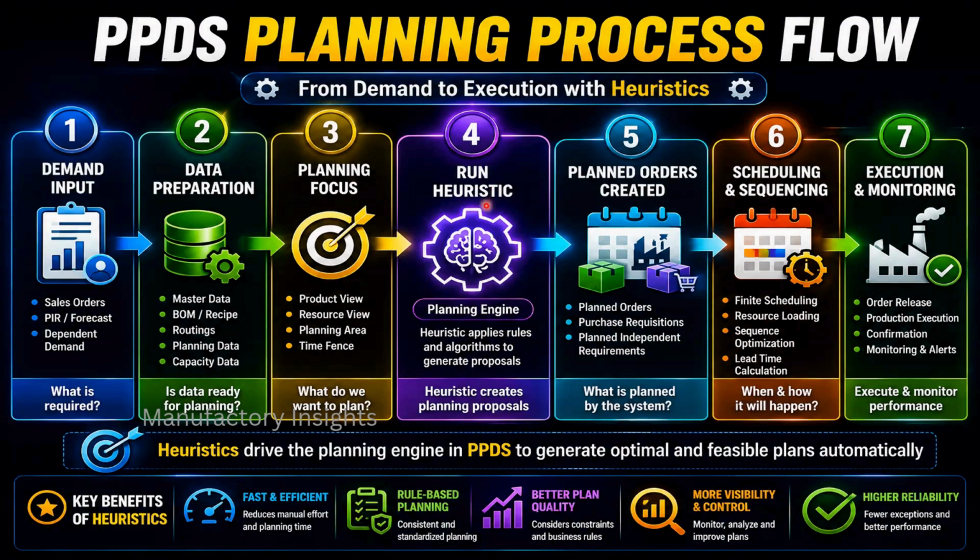By running the heuristic, it evaluates requirements and available supply. It then generates planned orders, purchase requisitions, or stock transfer proposals. These proposals are subsequently scheduled and refined for execution. This entire process can be completed in seconds, making heuristics ideal for daily planning activities.